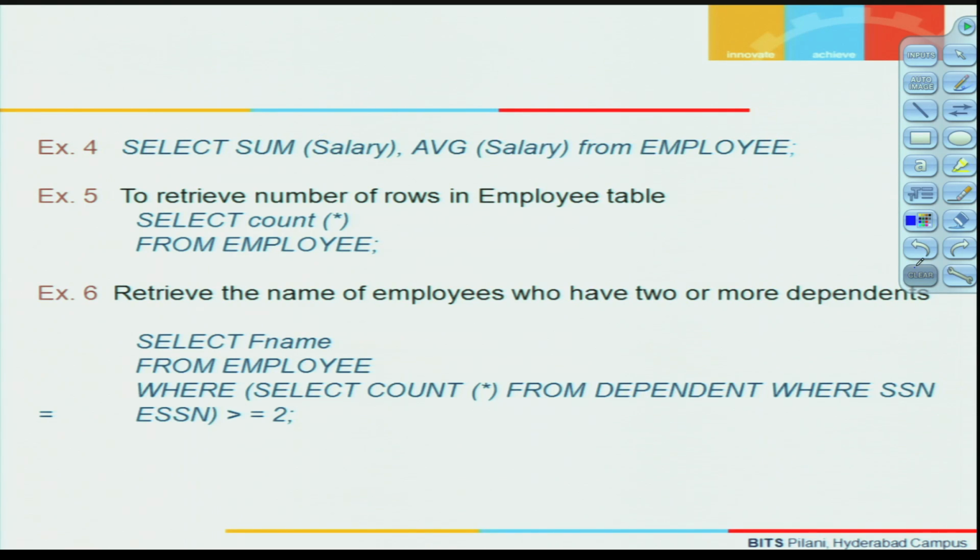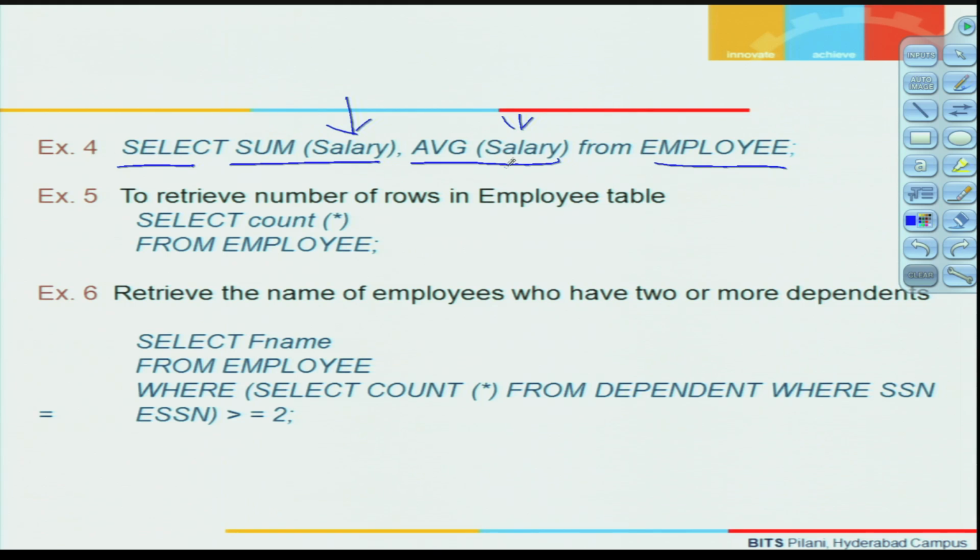So that is the basic characteristic of aggregate functions. We can use aggregate functions like this: select sum of the attribute, that is, for what attribute values you want to find the sum, on salary, and I need to find the average on salary from the employee table. Then it will go to the employee table, pick up all the salary values for different employees, find the sum and display it.